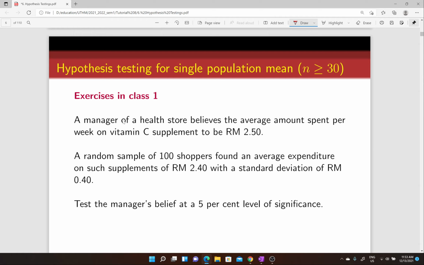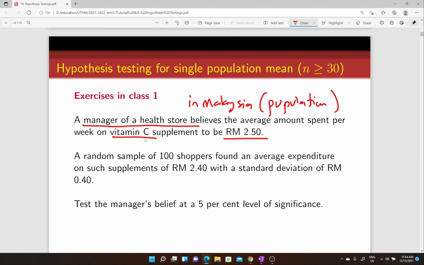The manager believes that in Malaysia, each and everybody is spending 2 ringgit 50 cent for vitamin C. So Malaysia is the population, and on average, this is your population mean.